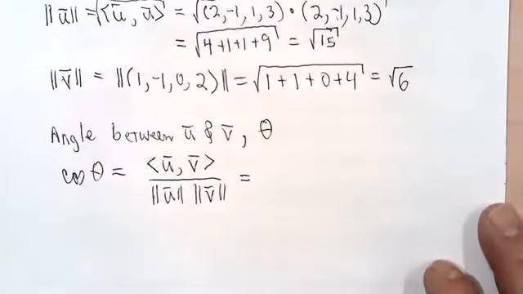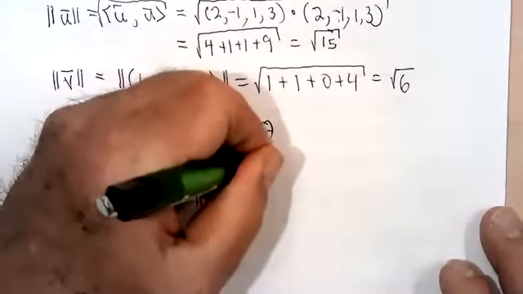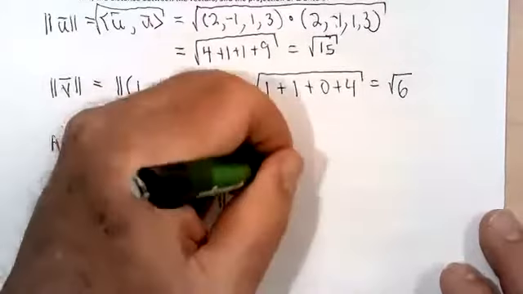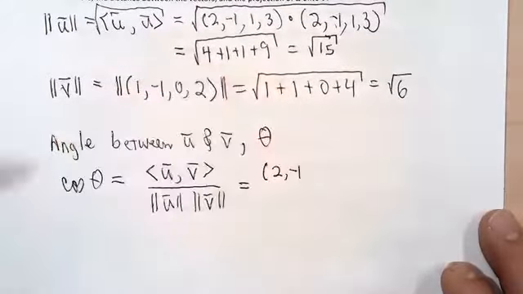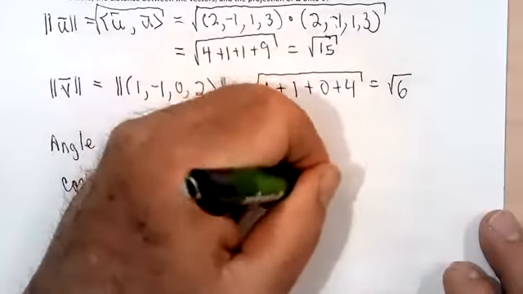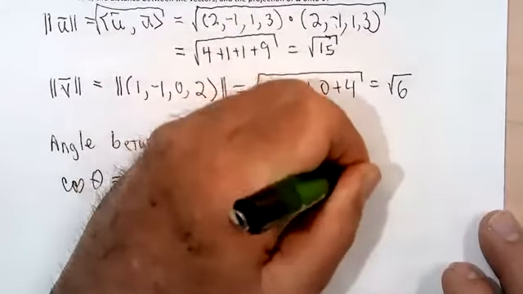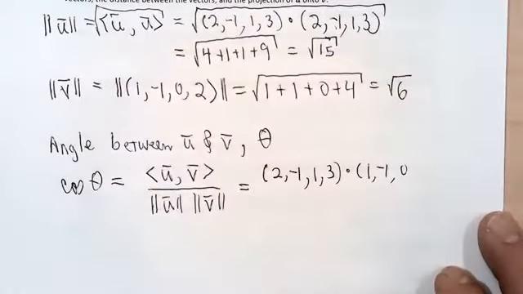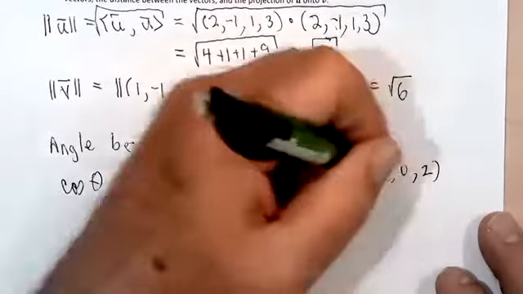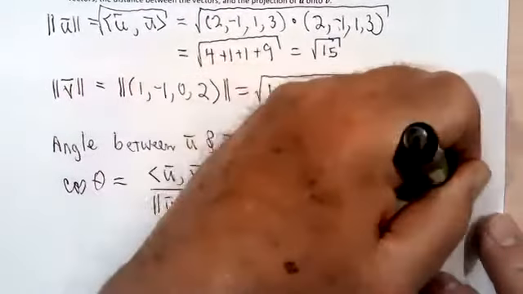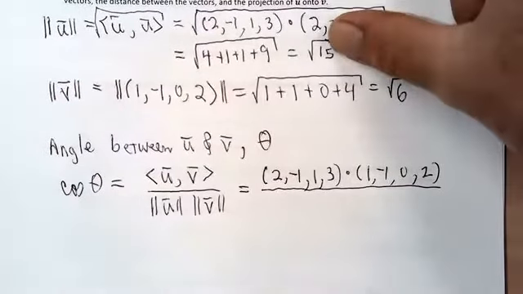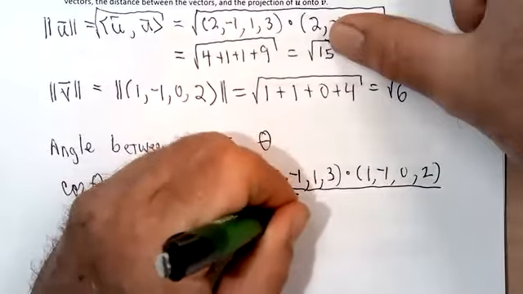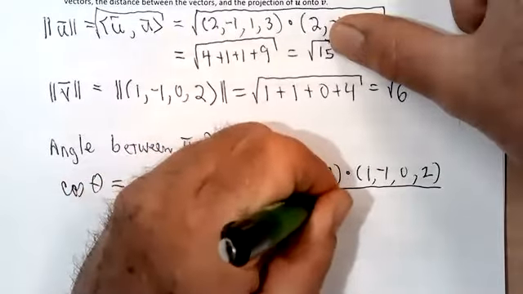Okay, so I want to take the inner product of u and v. I'm going to write it as a dot because it's so much more convenient and it makes it look familiar. And fortunately, we already computed the length of u and v. It's root 15 and root 6.